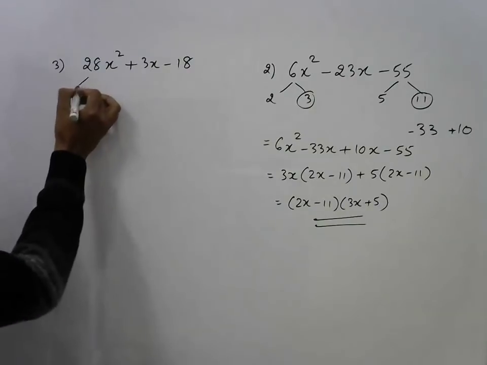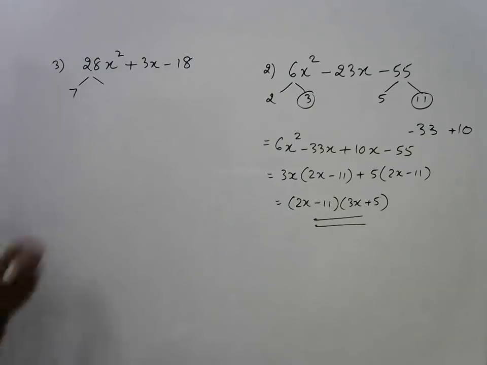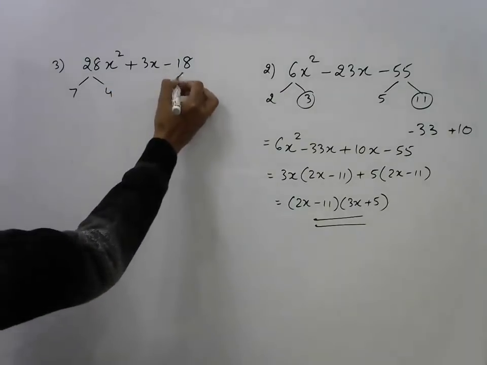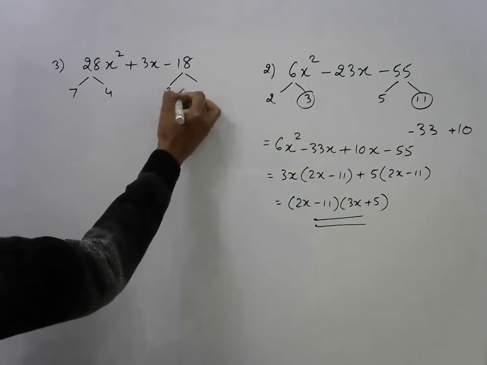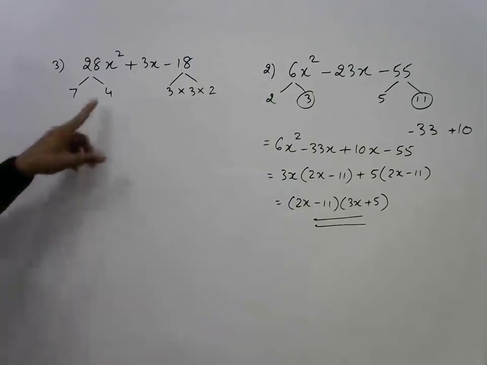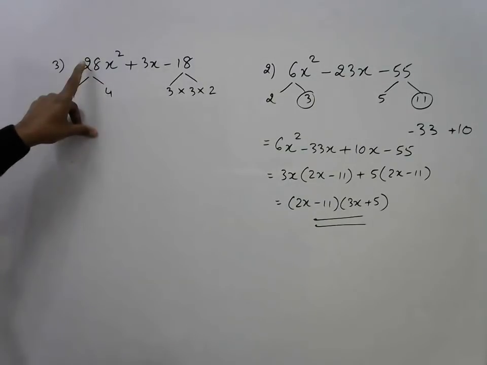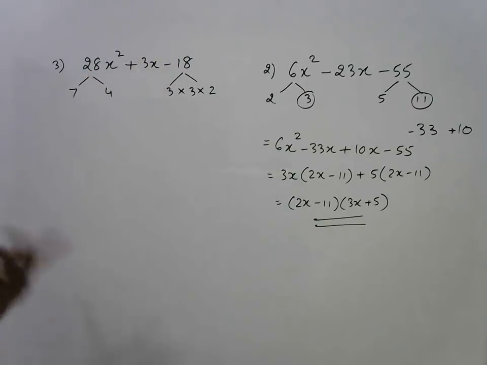Let's see. This is 7 into 4. And this is 18, which means 3 into 3, 9 into 2, 18. So you can split this also. But since this is 28, it should be divisible by 7. So that is why I am separating 7 and trying to get the factors now.